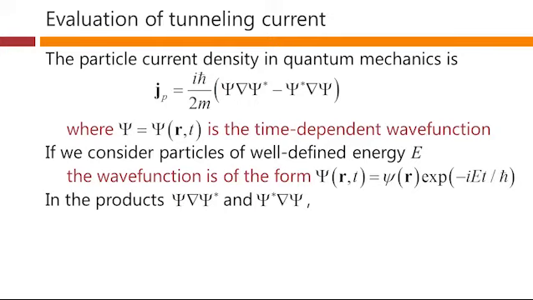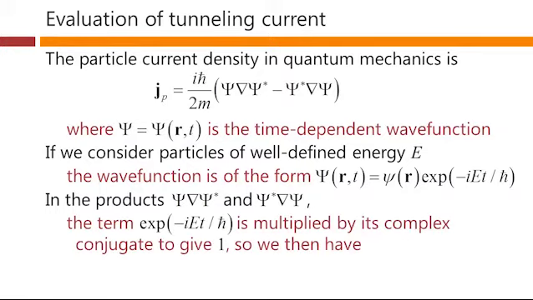So in these products, psi grad psi star and psi star grad psi, the term e to the minus i E t over h bar from the psi will be multiplied by its complex conjugate from psi star, and those will multiply to give 1. So then this expression simplifies just to the same expression, but only with the spatial parts of the wave functions in here.